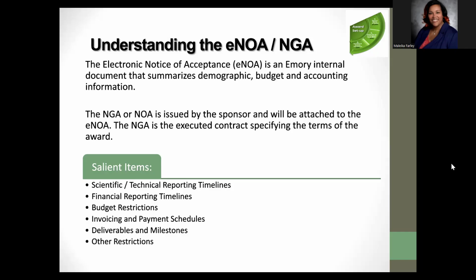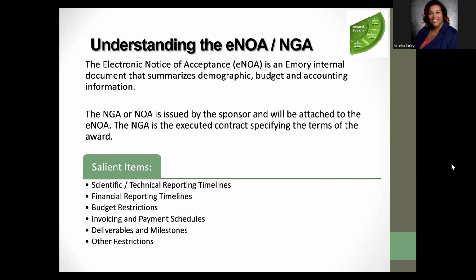Some of the most salient things that we're looking for within a notice of award are the scientific or technical reporting timelines. When do we have progress reports due? Financial reporting timelines. When do we need to get financial reports out to the sponsor? Any budgeting restrictions with regard to, say, carryover? Is it restricted or allowed?